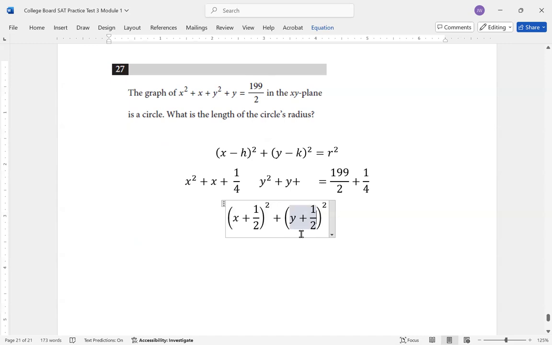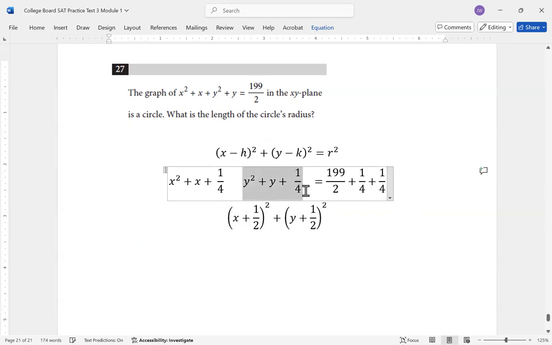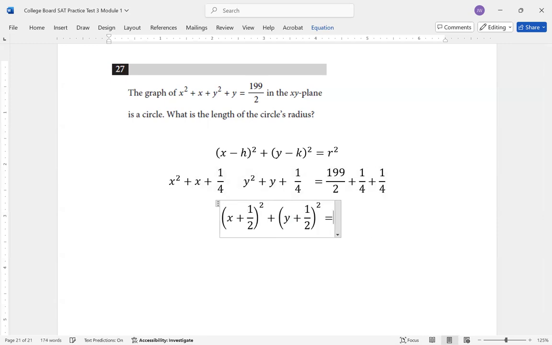I'm going to get y plus 1/2 because I'm looking at the coefficient of the y, and then I'd have to add 1/4 again to both sides because 1/2 squared is 1/4. And this y squared plus y plus 1/4 is the same as (y plus 1/2) all squared. So I've done two completing the squares to give me that left-hand side of the equation.